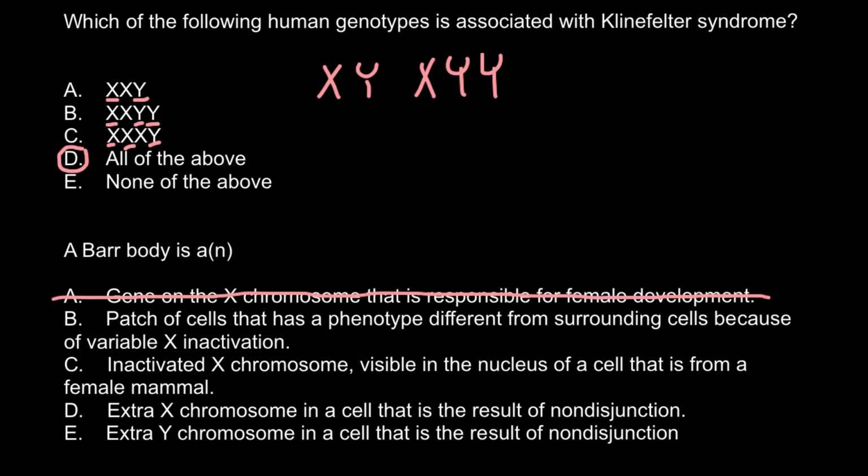Answer B, a patch of cells that has a phenotype different from surrounding cells because of variable X inactivation. And this is true. Some of the cells can be slightly different from surrounding cells because in females we have random X inactivation.